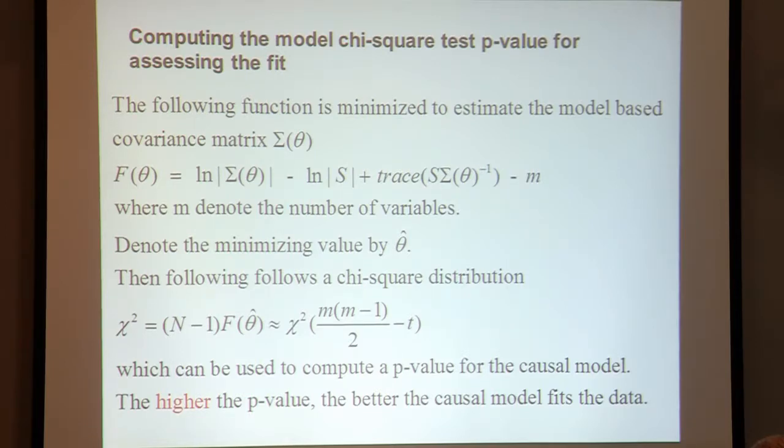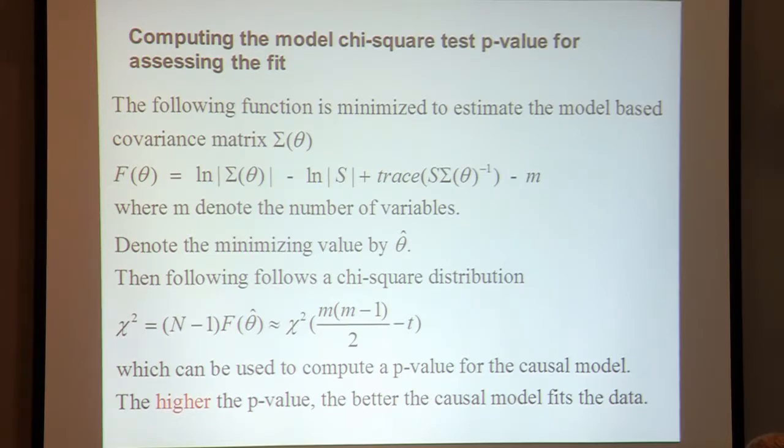And so when we evaluate the causal model, we actually fit the parameters by minimizing this function. And just to be clear, these straight lines indicate the determinant. So we take the logarithm of the determinant minus the logarithm of the determinant of the observed variance-covariance matrix and plus trace and so on. And M is the number of variables.